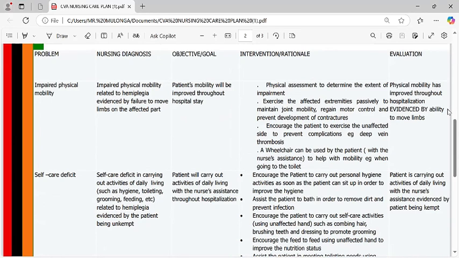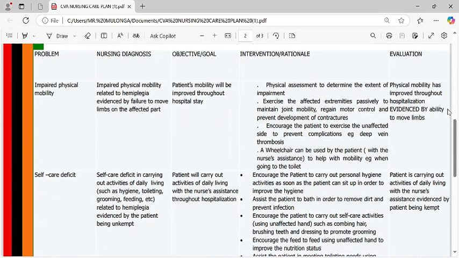Related to, which is the cause, it is because of the paralysis of one leg or both legs and arms that we are having impaired physical mobility.